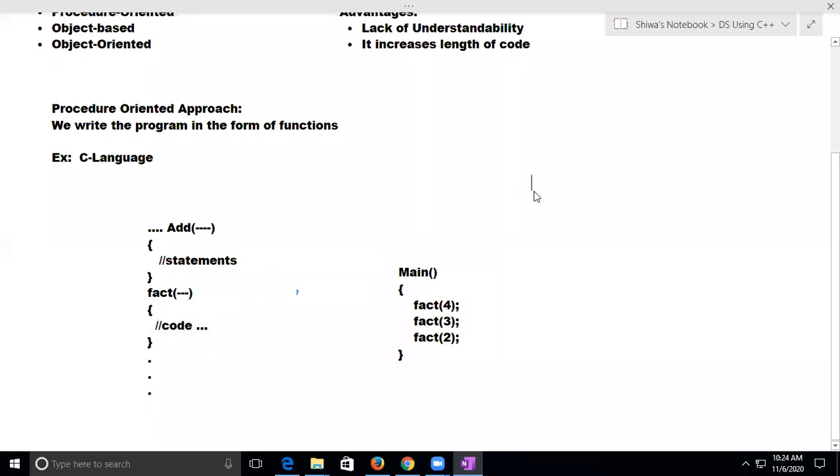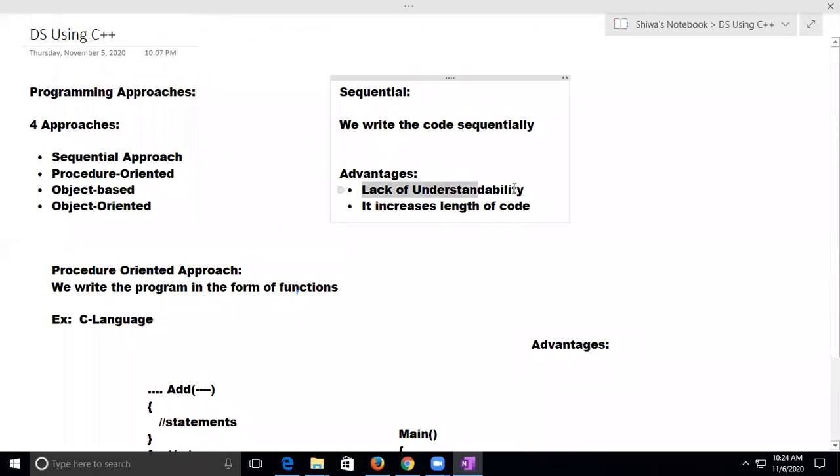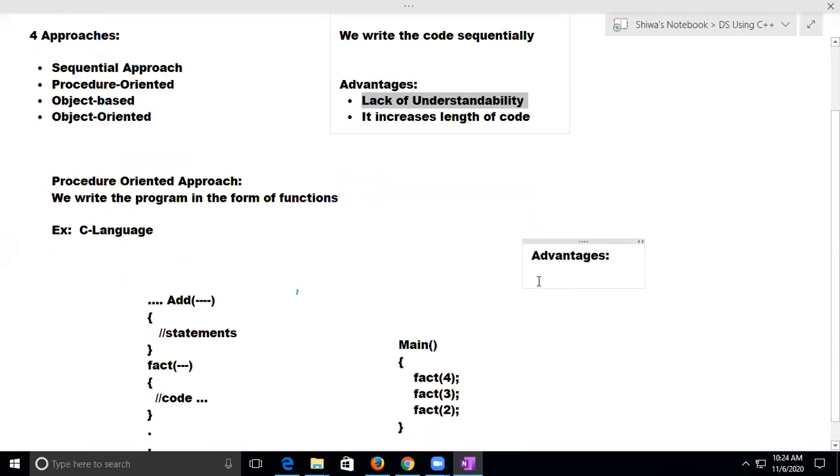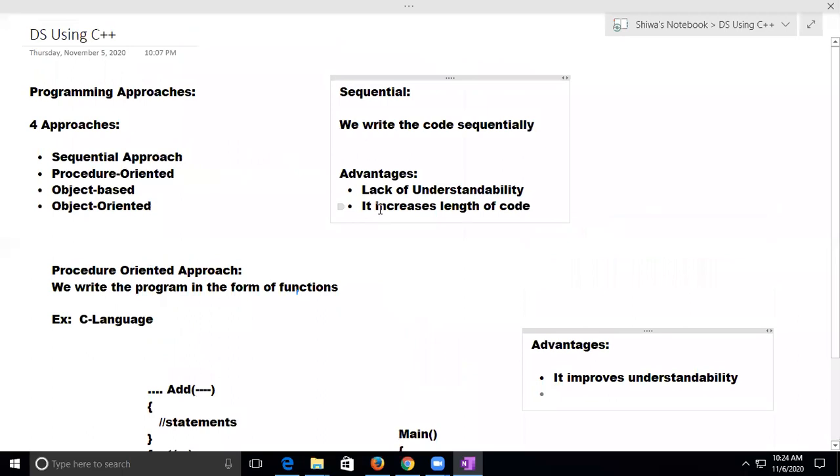So here, what are the advantages with the procedure oriented approach? The first advantage here is, what is the first drawback of sequential approach? Lack of understandability. This procedure oriented approach improves the understandability. Then what is the second drawback of sequential approach?